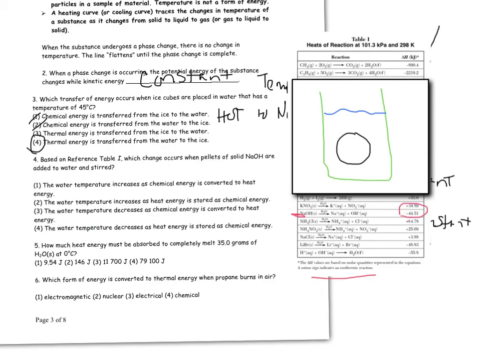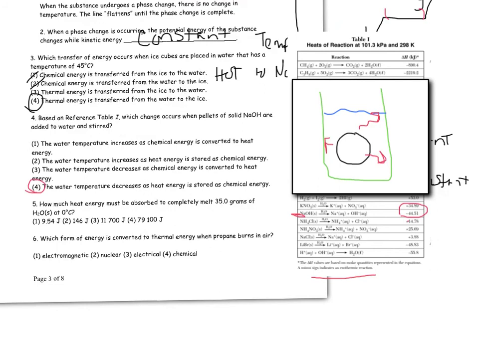So if I were to sketch heat in this diagram, I'd say the heat's exiting the sodium hydroxide. When the heat exits the sodium hydroxide, it exits to the surroundings, which here is water. So in this case, we would expect the water temperature to increase, and the energy that was stored in the sodium hydroxide, the chemical energy, is converted to heat. So number 1 is the best choice.